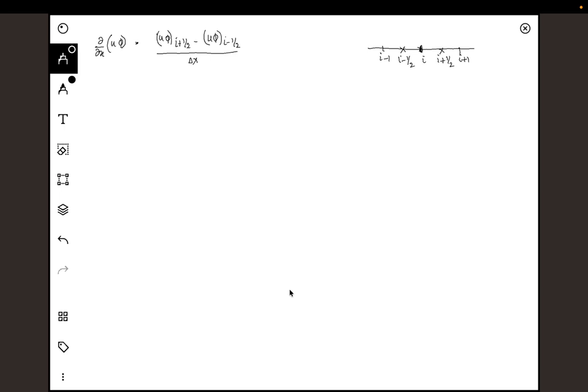So the question now is, what should be the values of this u? This is basically ui plus half into phi i plus half.